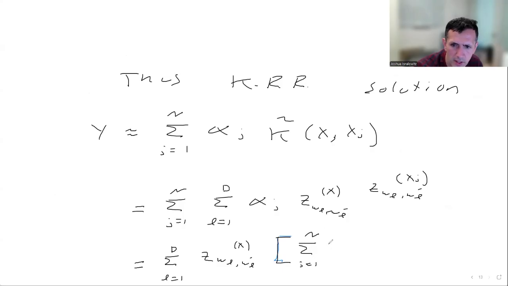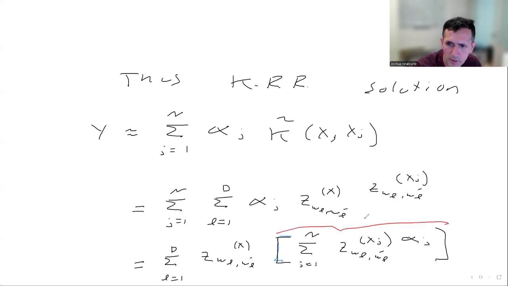But this here, you can write as the sum over j equals 1 to n. Of course, this is matrix multiplication. I'm just writing it like this to make it seem like matrix multiplication. So this here, if you think about it, is nothing more than this here transpose, l, j, alpha j.